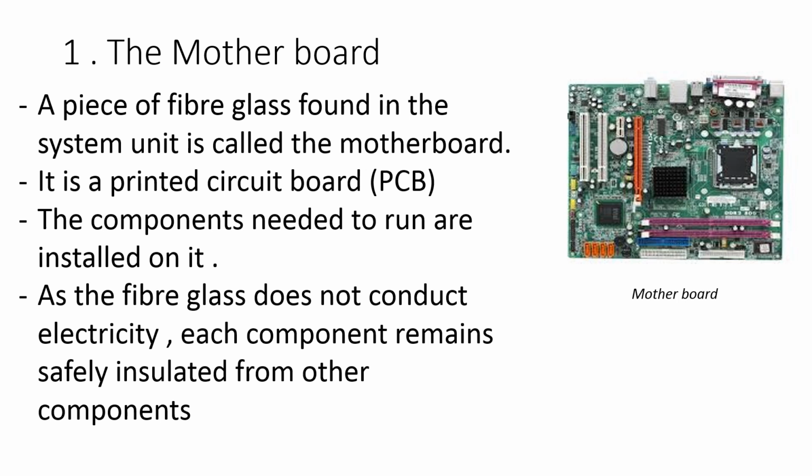Now just remember that the motherboard is nothing but a piece of fiber glass. That green part, are you able to see? It is a piece of fiber glass, and it is placed inside the system unit. In a simpler way, the motherboard is the main circuit board of the computer. It is also known as the main board or the logic board.